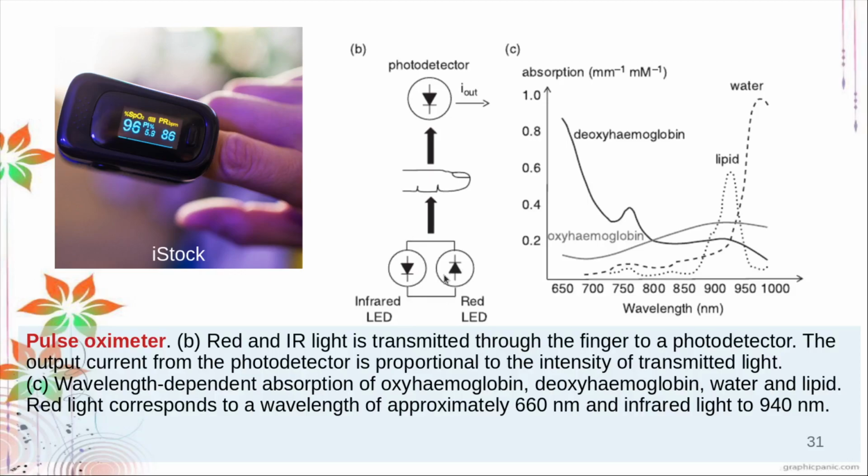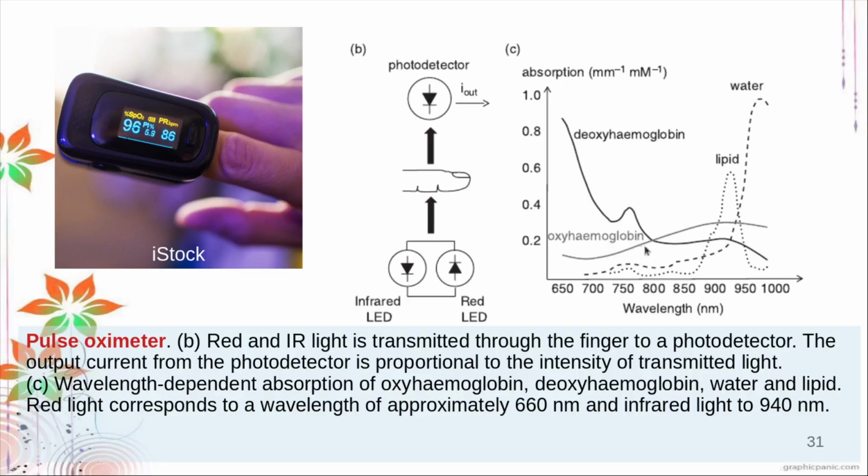The reason it must have two types of light is that the absorption of light by oxyhemoglobin, the hemoglobin that carries oxygen, and deoxyhemoglobin, the hemoglobin that does not contain oxygen, are different; they absorb light at different parts of the spectrum. Here is the EM spectrum and your absorption.